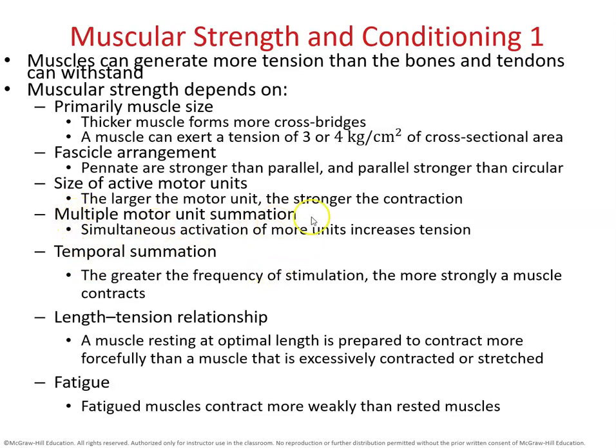When we have more than one motor unit being activated at a time, that can impact the strength of the muscle. How frequently the muscle is stimulated, how frequently you use that muscle makes a big difference. The length of the muscle and how tired the muscle is and how often it's used and how vigorously it's used also play a role.